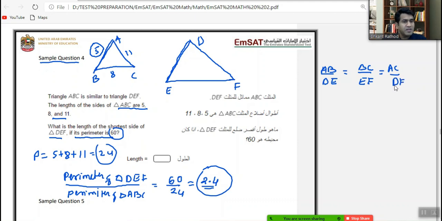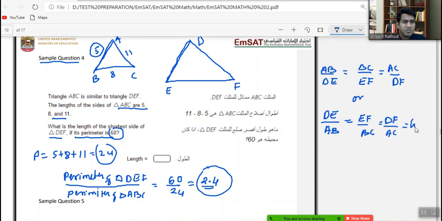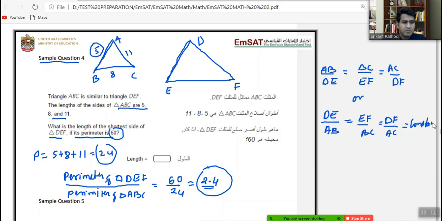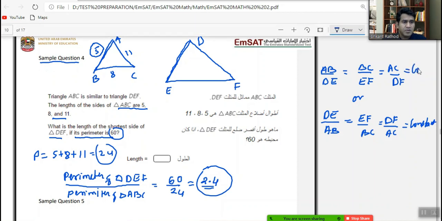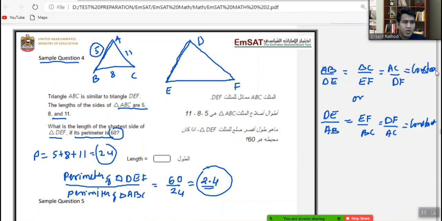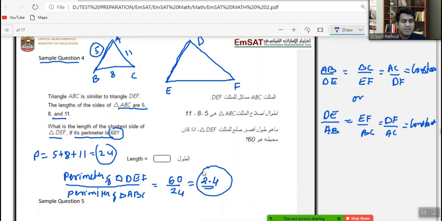I can also write it the reverse way: DE by AB equals EF by BC equals DF by AC, and this equals some constant. That gives you how their sides are related, and as I told, the side DE is 2.4 times the sides of triangle ABC.